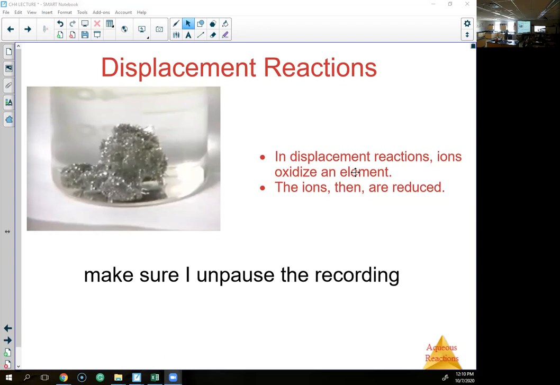The ions then are reduced. All right. So how is this different? It's not. It's just another name for pretty much the same thing. So sometimes this is also called a single replacement.